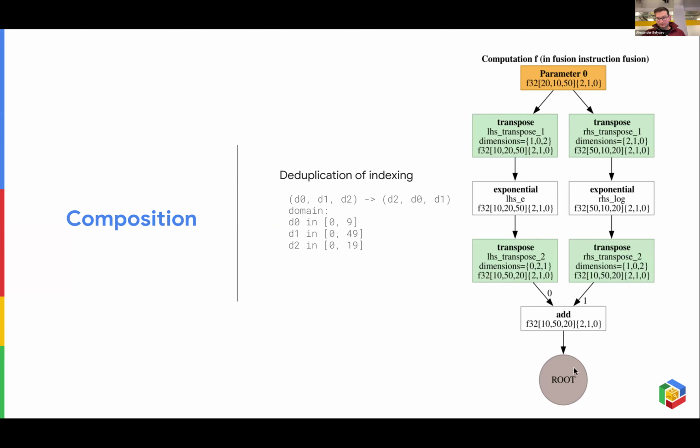In this case, we have a binary op that takes two different transposes, then an element-wise op, and then again transposes. If we follow each of the dependency chains, we get different indexing maps, but after simplification they actually become the same indexing map and get deduplicated.